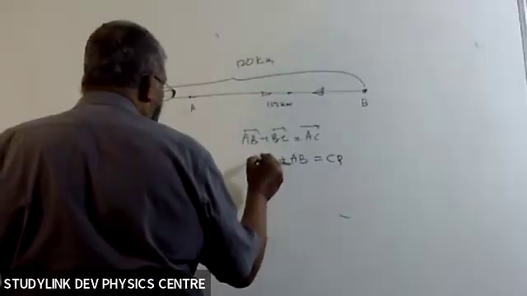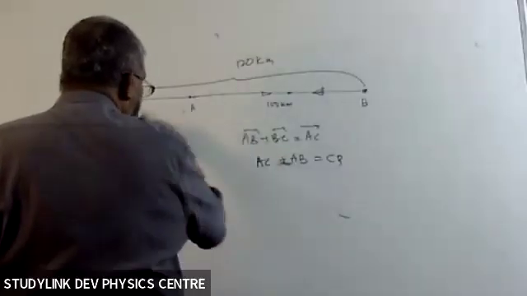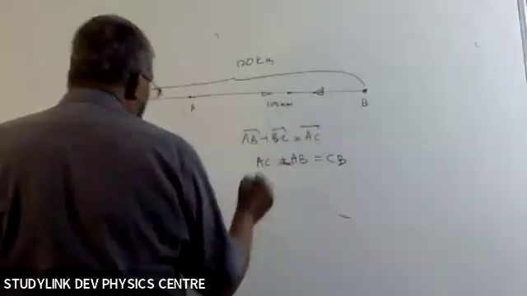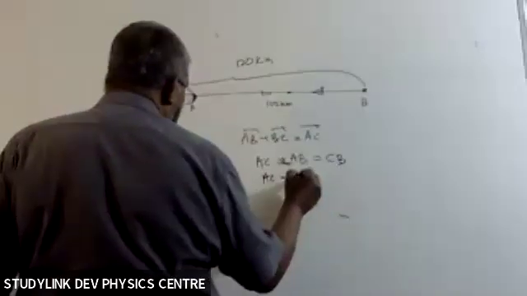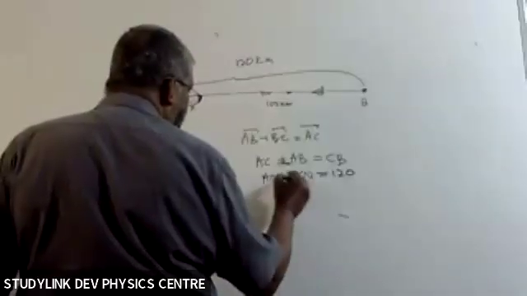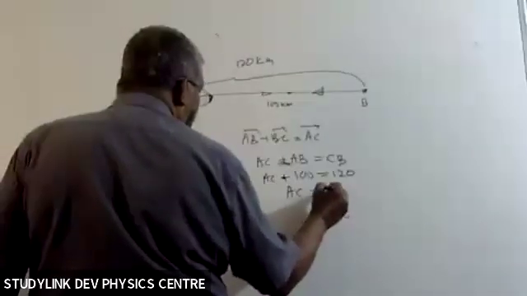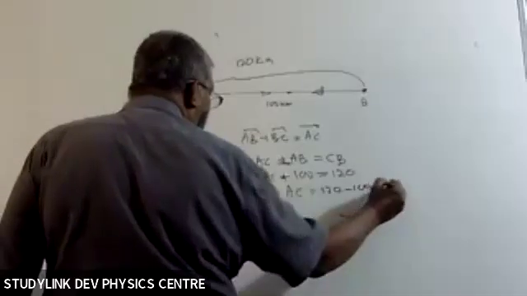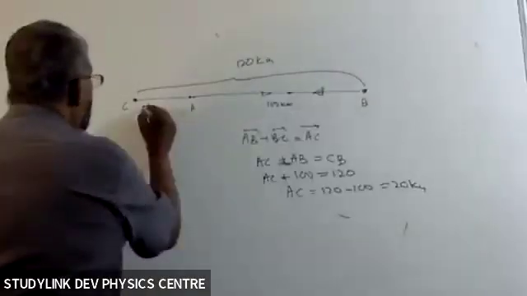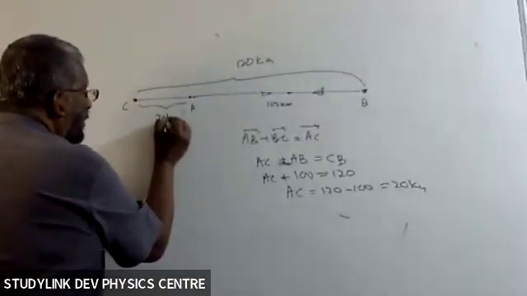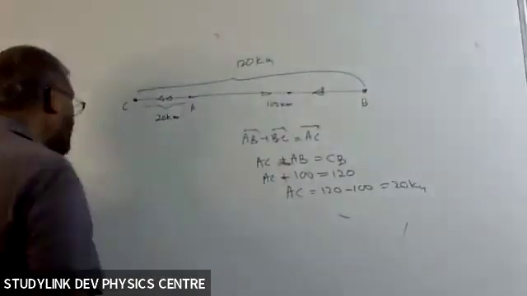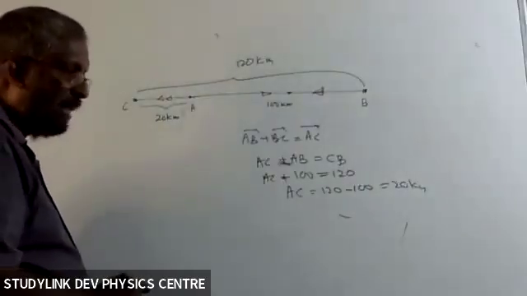If you want, you write CA. AC or CA. AC plus AB is equal to CB. So AC is equal to 120 minus 100. That is 20 kilometers. So this part is 20 kilometers. AC means towards this direction, that is west.